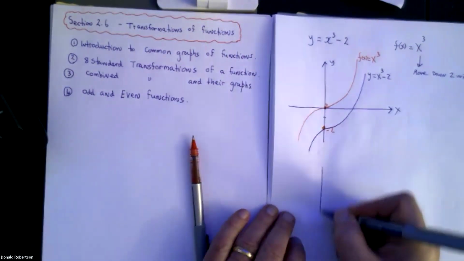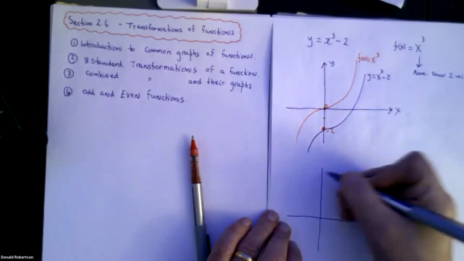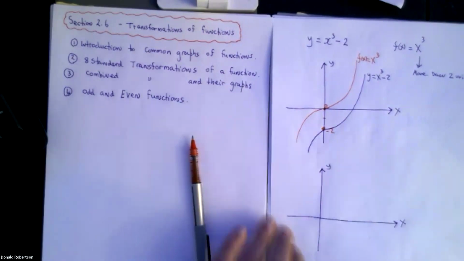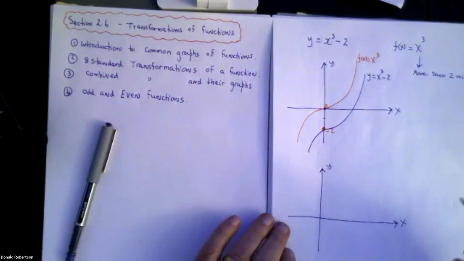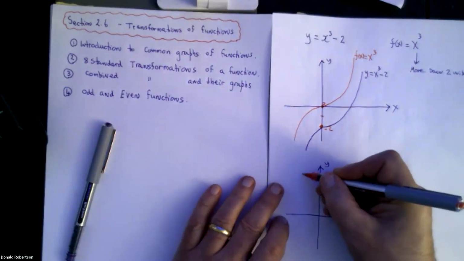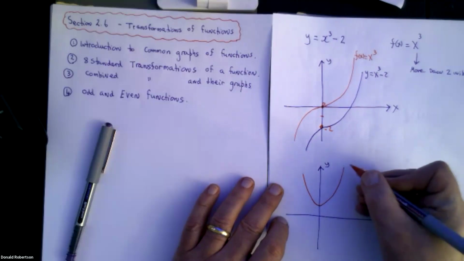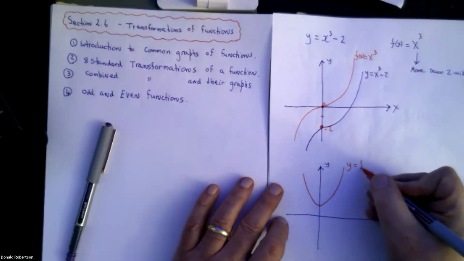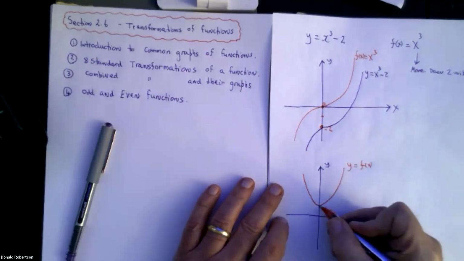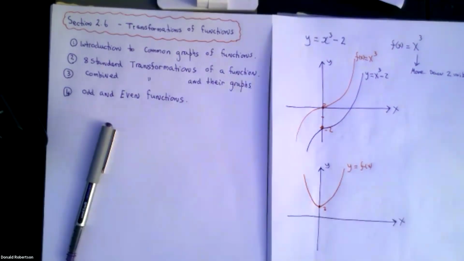Now, you can also use this property to identify what the equation of a particular curve was. So, for instance, suppose I gave you a sketch of this guy here, and I told you that that point there was 2.